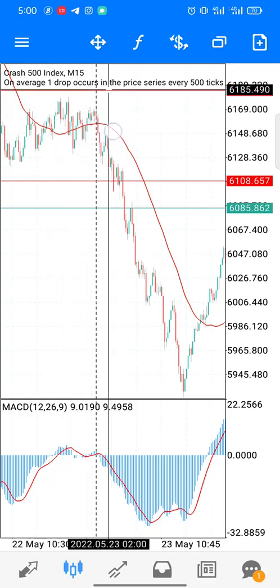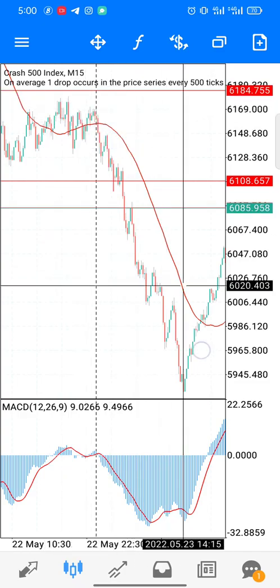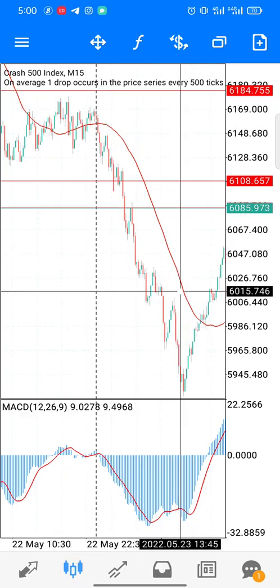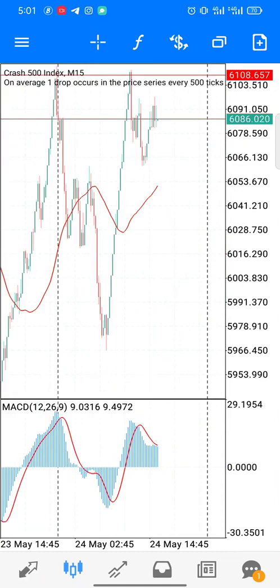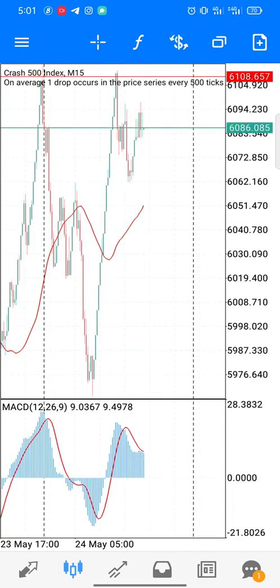Now I can see that the red moving average crossed above the chart right here, which gave us a sell, and then right here gave us a buy, sell again, and right here I'm expecting this market to move to the downside. Look at this similar move right here, whereby the market was coming down, made this up and down move, then back to the downside.